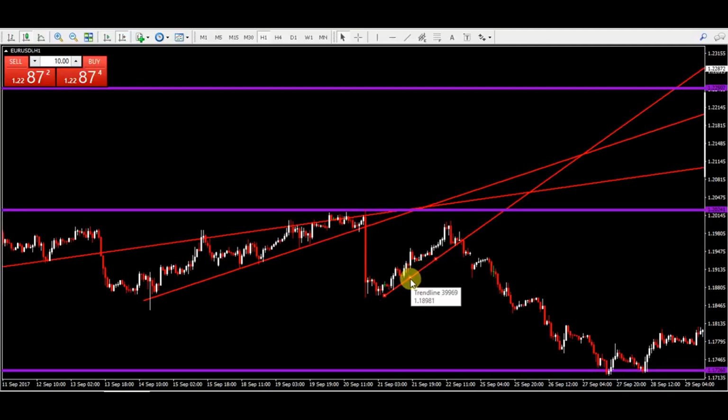Does it meet my rules? Does it meet my rules in order? First coming into that support resistance area, and then closing above or below that trend line. Whether it closes below that counter trend line with a bearish candle or bullish candle, depending on whether you're looking for longs or shorts.